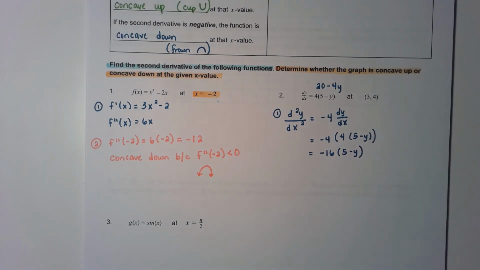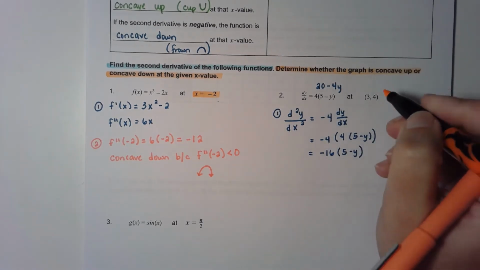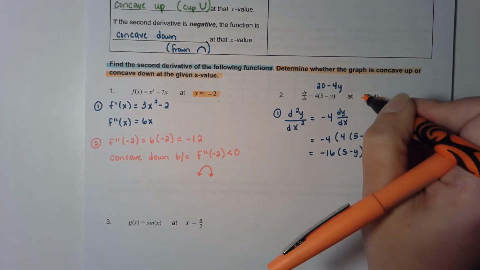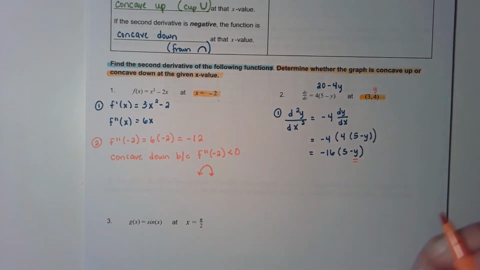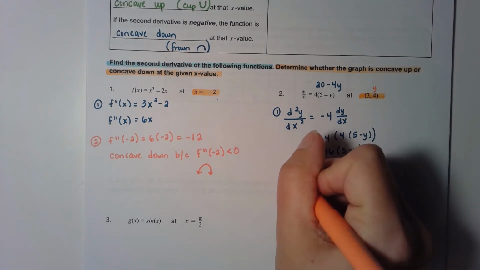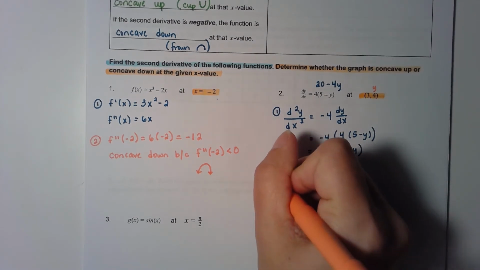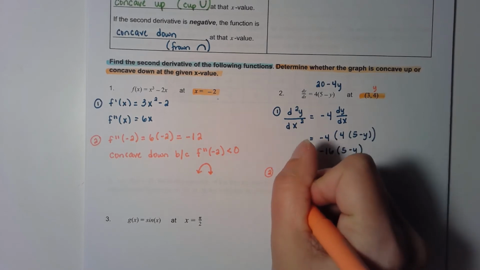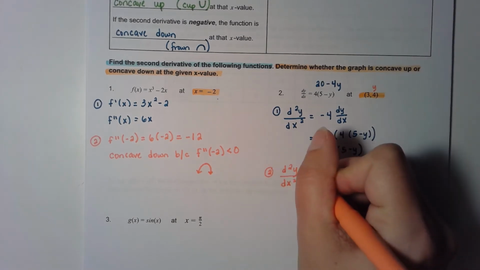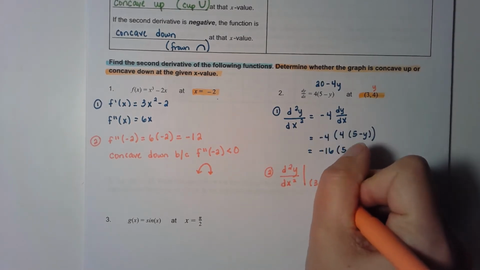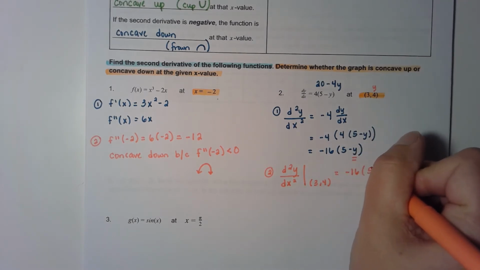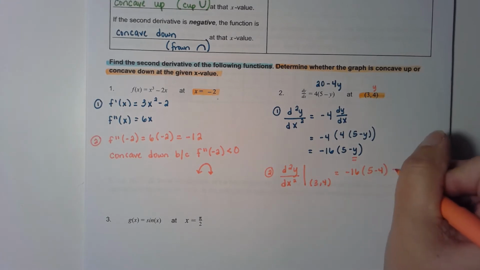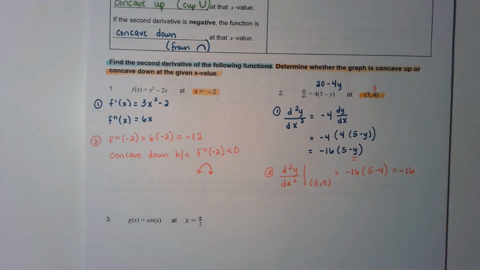The second step is going to be to substitute the point 3, 4. Now in this problem, we only need the y coordinate of that point, which is the 4. So d squared y over dx squared evaluated at the point 3 comma 4 would be negative 16 times 5 minus 4, which is just going to be negative 16.